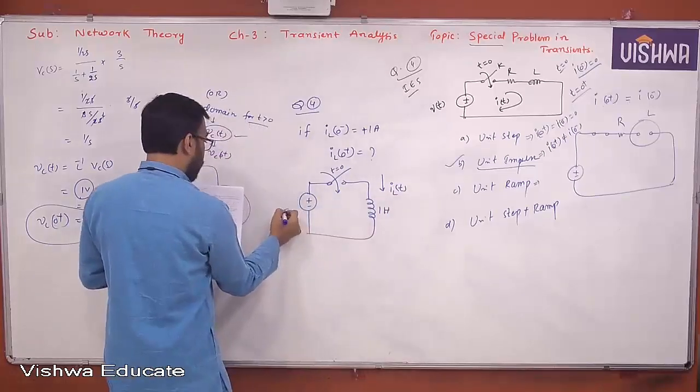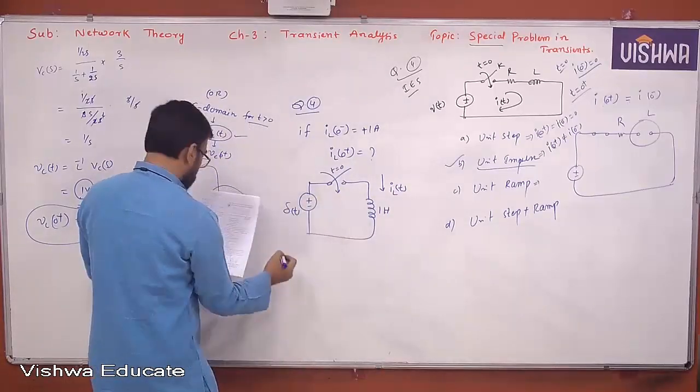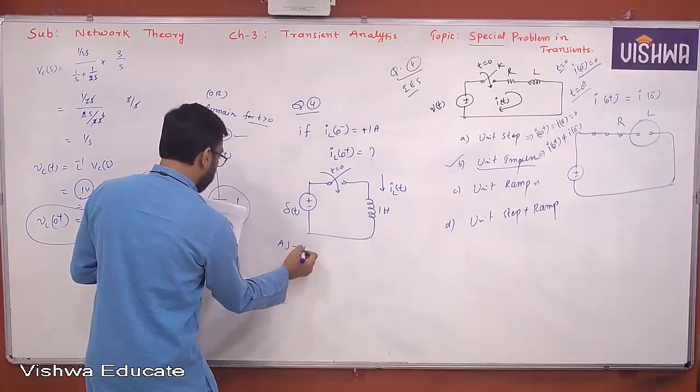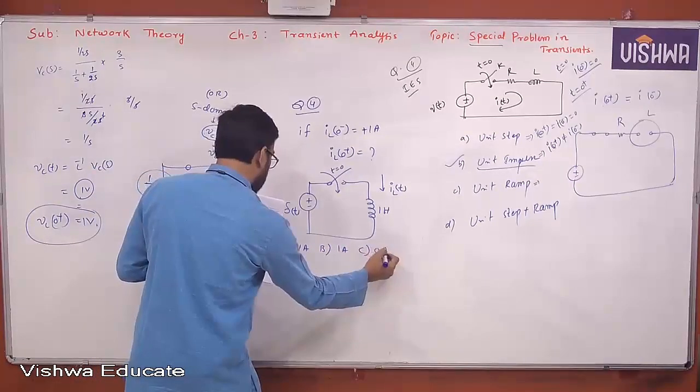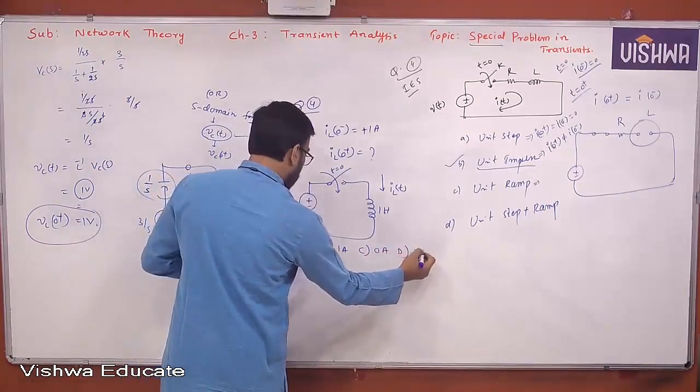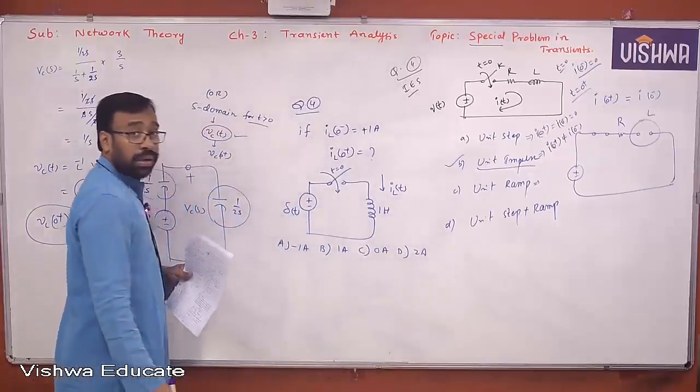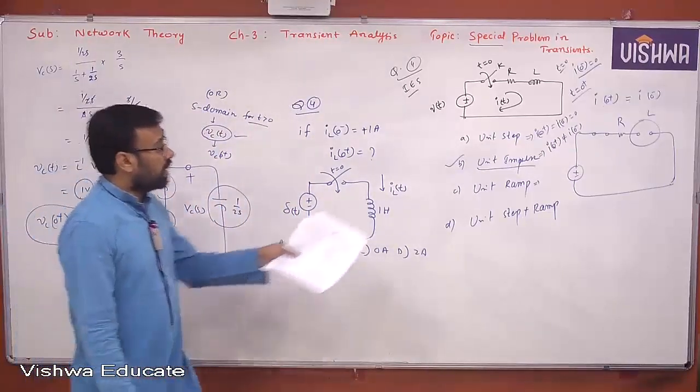Okay. A minus 1 ampere, B 1 ampere, C 0 ampere, D 2 ampere. Okay, you can write the point here.